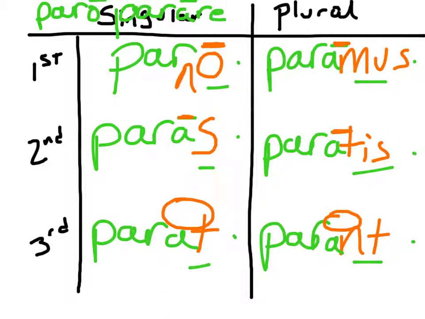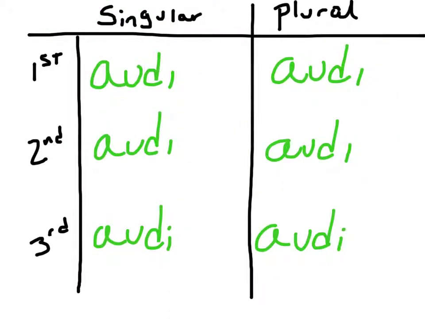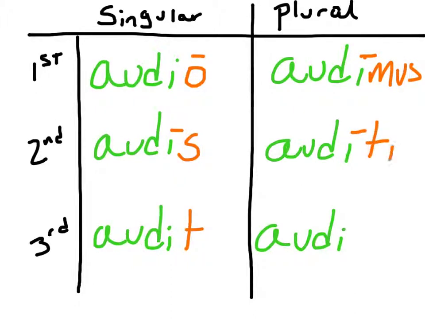Let's look at another one. So let's take a look at audio. This is the verb I hear. That I is going to be short. Audis, or audis, excuse me. The I is long there. Audit. Audimus. Auditis. Audiunt. Okay, so we got a few different things going on here.